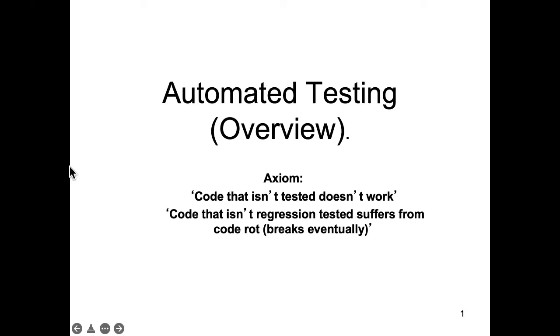The reason for that is quite obvious, I suppose. You may think that features that you haven't gone near recently still work, but they may not, because there may be a ripple effect from the code that you're currently developing. So regression testing really means repeating tests that you've already done.